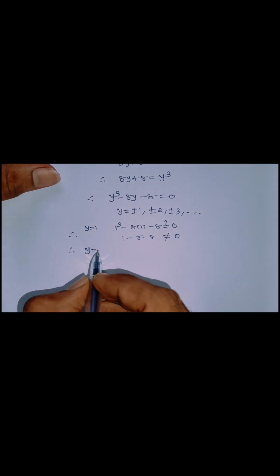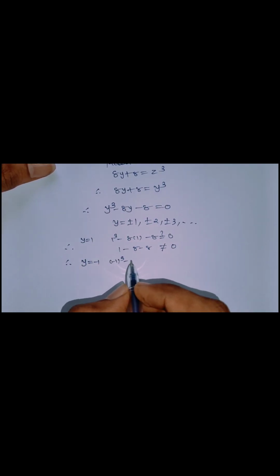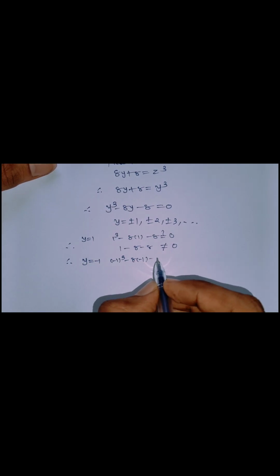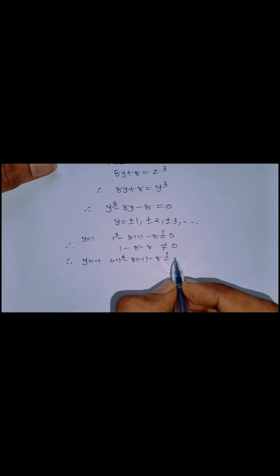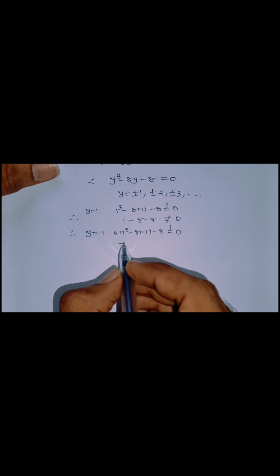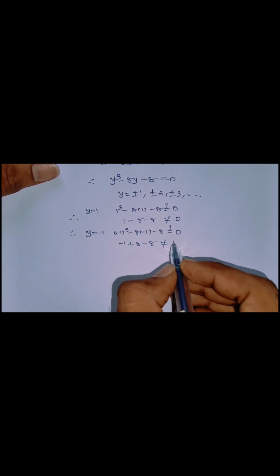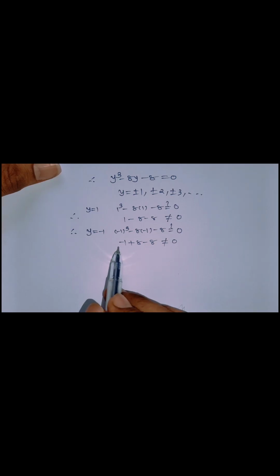Now y is equal to minus 1: minus 1 cube minus 8 into minus 1 minus 8 equal to 0, possible? Minus 1 plus 8 minus 8 is not equal to 0. Why? Because this is 0 but minus 1 remains.